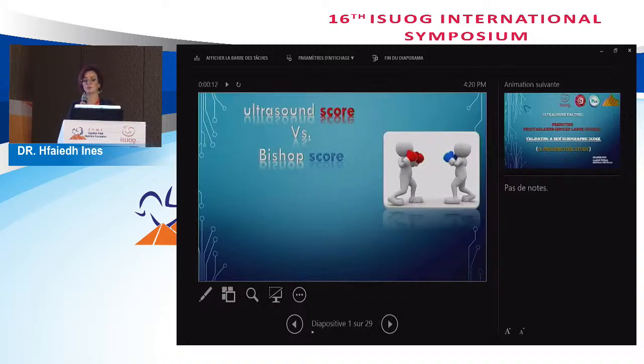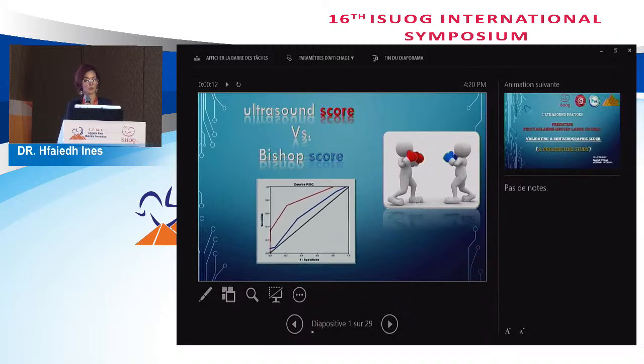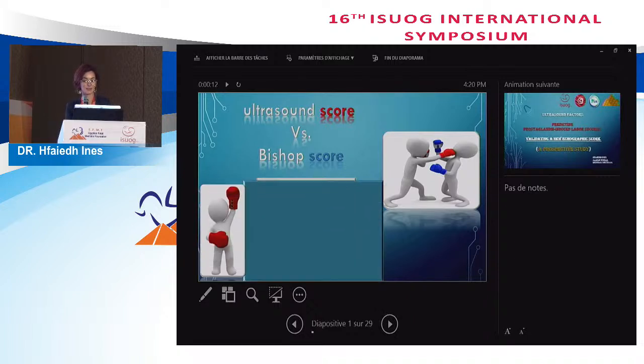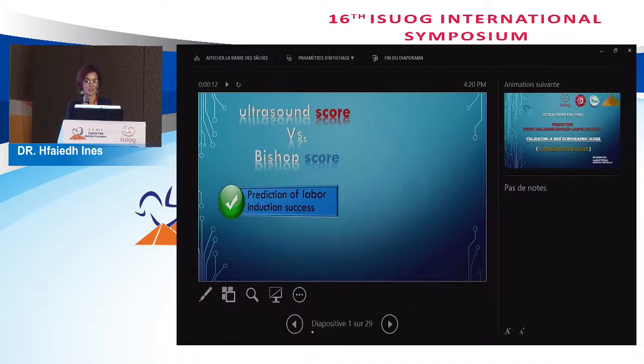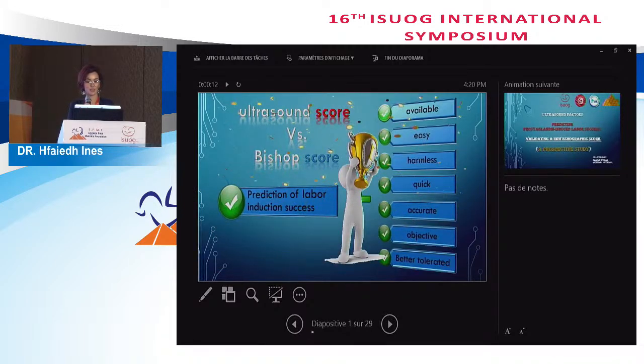So after that, we compared the ultrasound score with the Bishop score, and we found that the ultrasound score is more precise in predicting outcome success. And we don't forget that the ultrasound is better than the clinical examination.